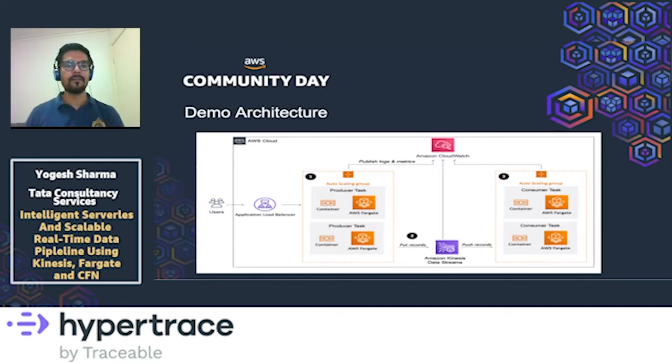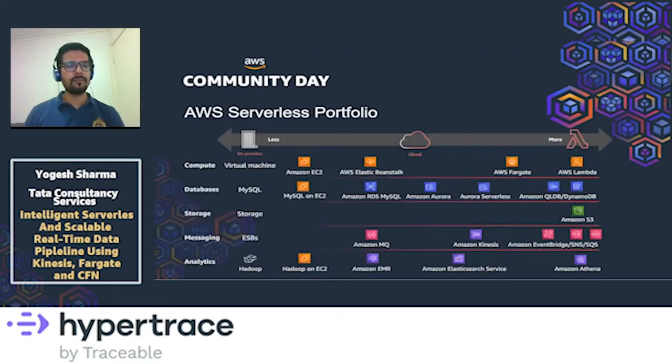Moving ahead, we'll see the AWS service portfolio. On the left-hand side of the broader picture, we can see the traditional way of handling things like virtual machines, databases on premises like MySQL, and storage on tape drives.